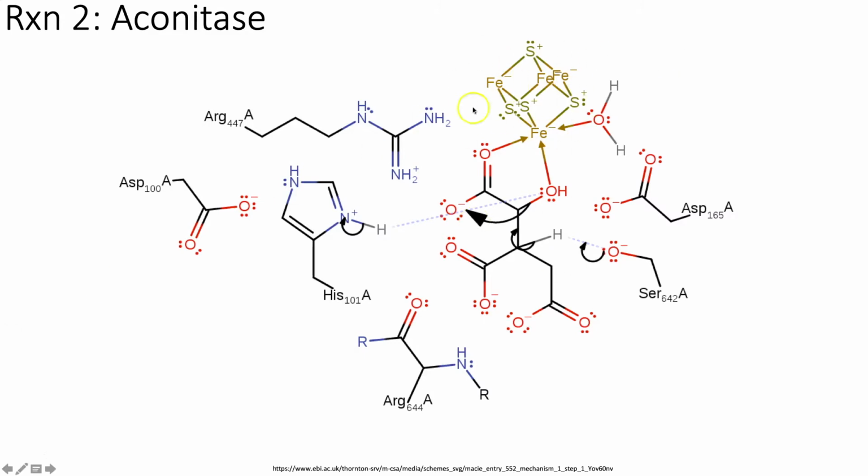But it turns out you can make weird things called iron-sulfur centers. That should freak you out. It looks crazy, right? But remember, we see iron and sulfur a lot in biological systems. In this case, we use this to form bonds and stabilize the structure of citrate and hold it in place so that you can pull that water off and put it back on in a different spot.